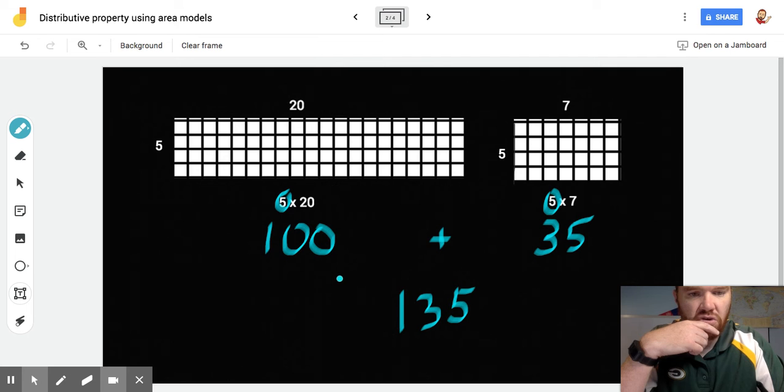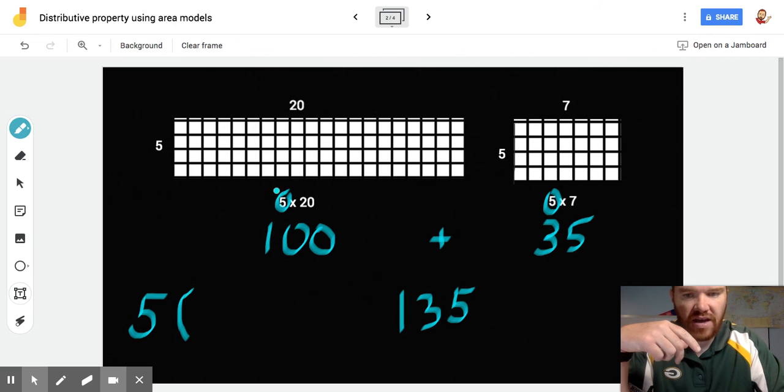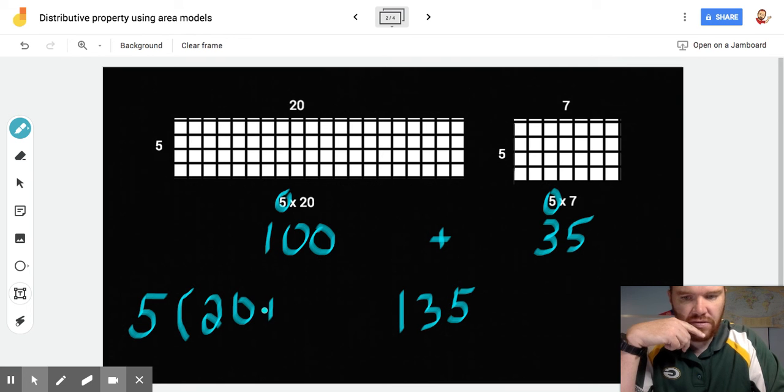Now, if I was going to show this in a little bit more organized way, I would say, okay, if my original was 5 times 27, the area of that array, my 5 by 27 array, is going to be the same as 5 times (20 plus 7).